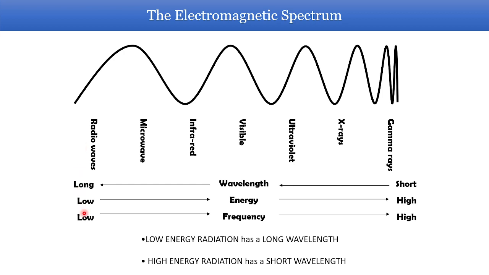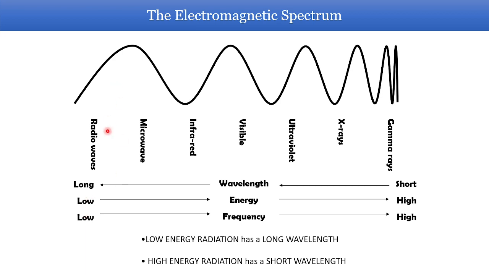We know that energy E equals h nu, so energy is directly proportional to frequency. And nu equals c by lambda, so it is inversely proportional to lambda, where c is the speed of light.